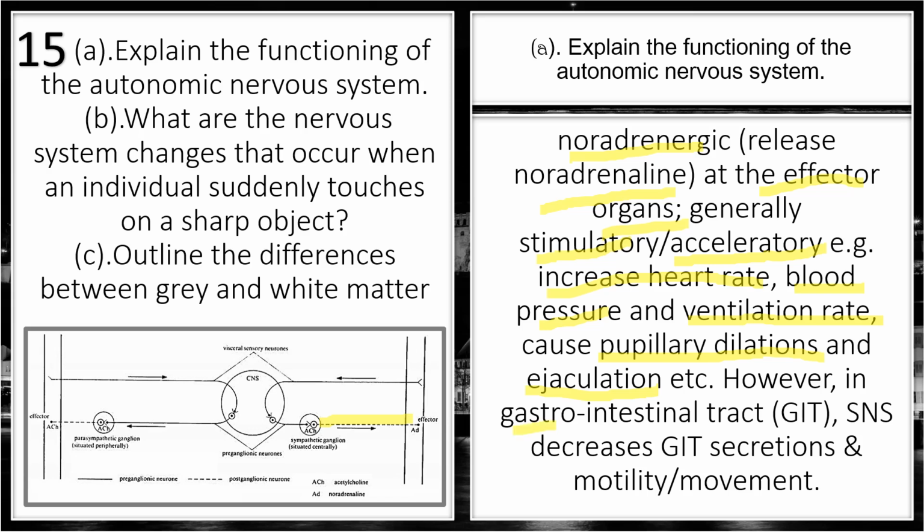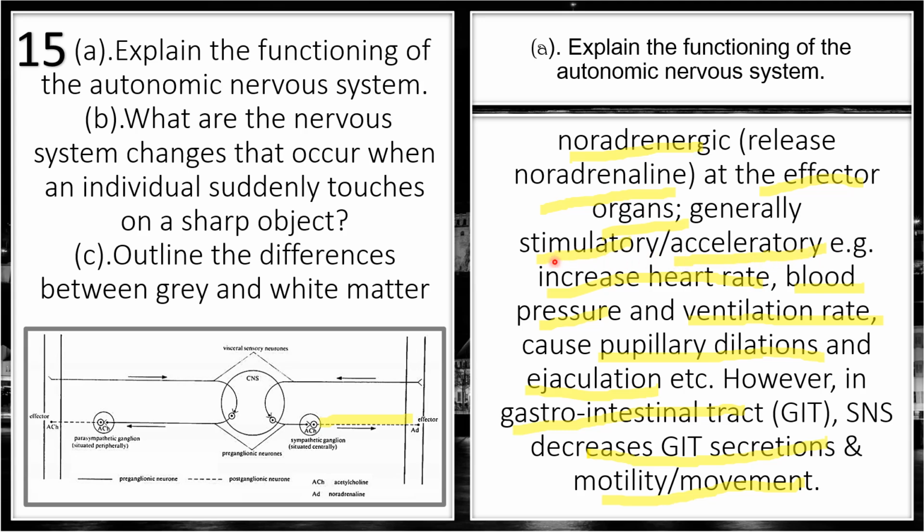However, in the gastrointestinal tract, GIT, SNS decreases GIT secretion and motility and movement. So you can see that sympathetic is more stimulatory or acceleratory.